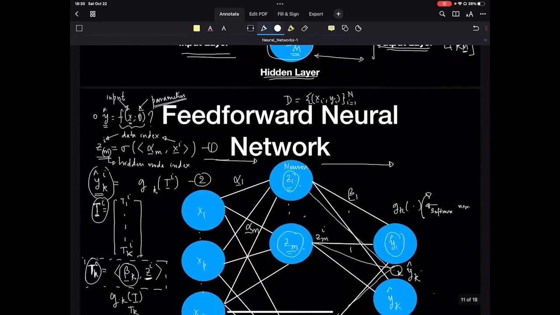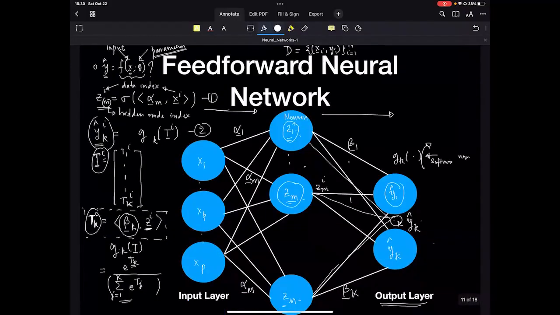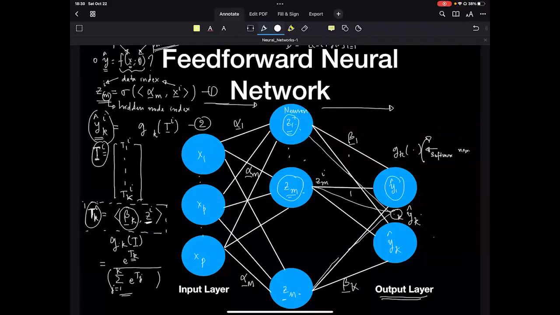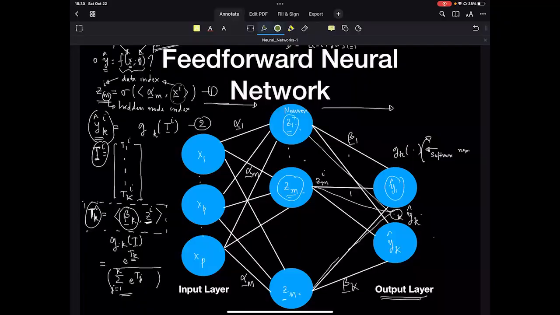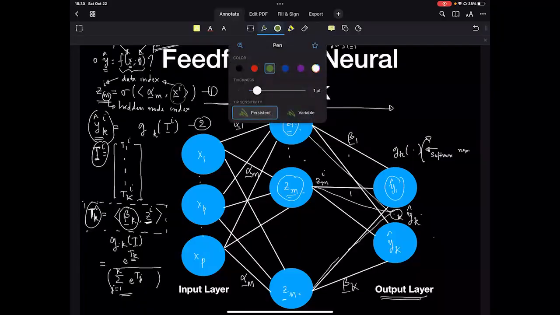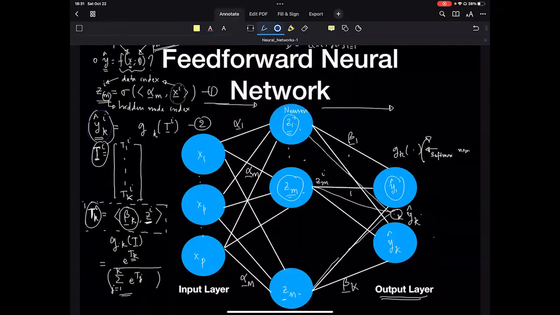Okay, so is the I/O relationship clear? So now we can go from the input X that we have here to the final class probability that we have here.